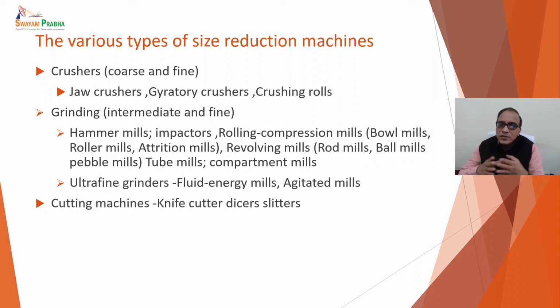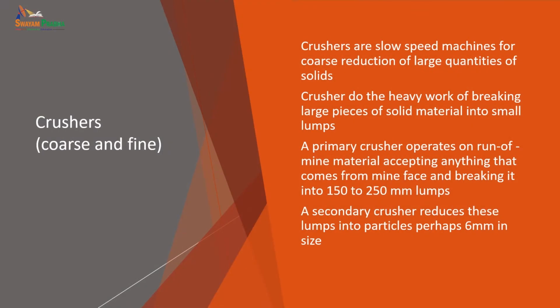Revolving mills involve rod mills, ball mills, pebble mills, tube mills, and compartment mills. The ultrafine grinders include fluid energy mills and agitated mills, while the cutting machines include the knife cutter, dicer, slicers, and slitters. Crushers.